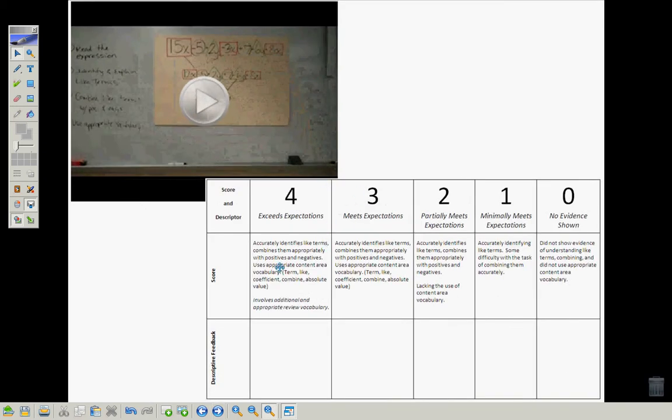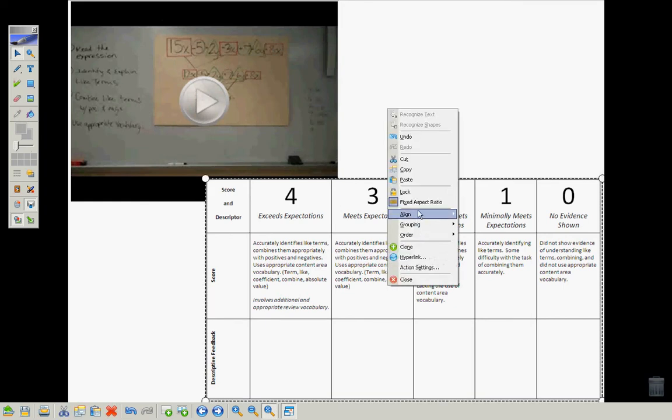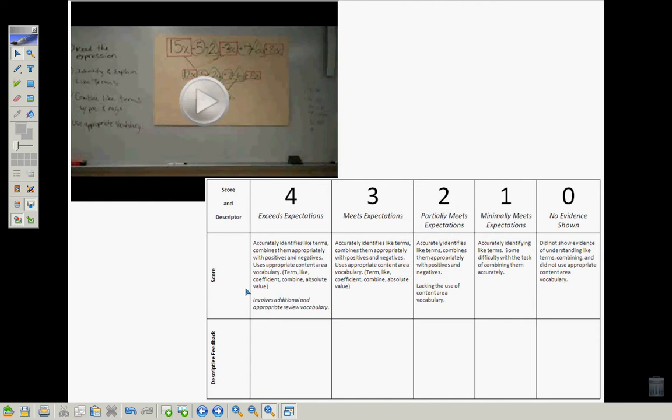and we're going to be evaluating it based on this rubric. This is the rubric that everybody has, and this is how you're going to be evaluated yourself. Our job is to figure out if this presentation meets expectations, exceeds expectations, partially meets expectations, minimally meets expectations, or there is no evidence shown.